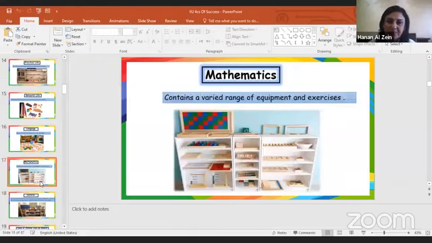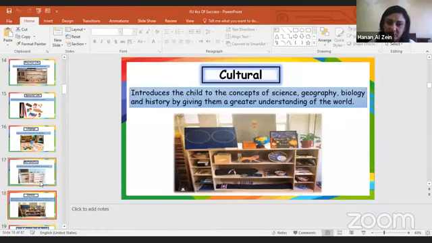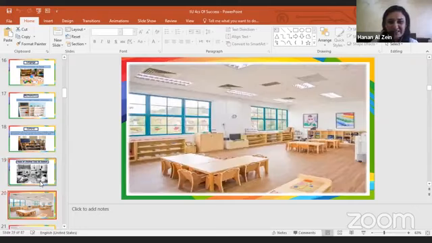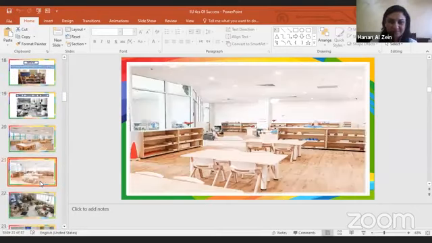And here the cultural part, where we can understand more the concept of biology, zoology, history, geography, and be introduced to the whole world in this way. This is how the Montessori class was at the beginning when she first invented her class, and this is how it was developed later on in this way.